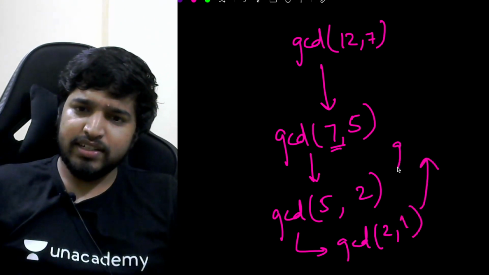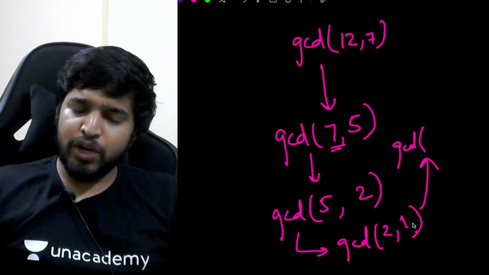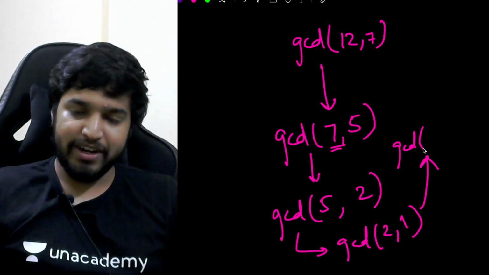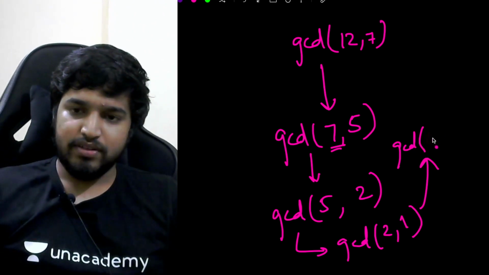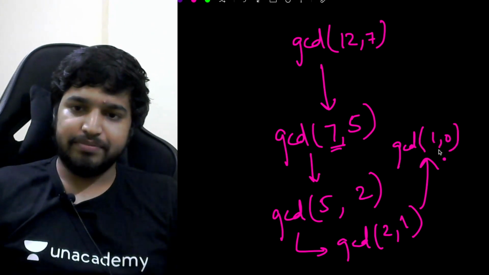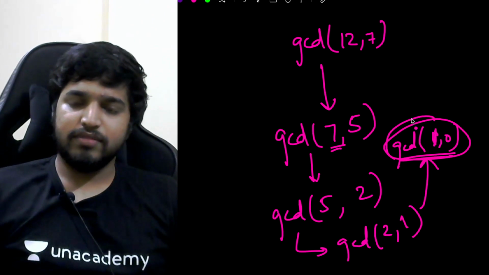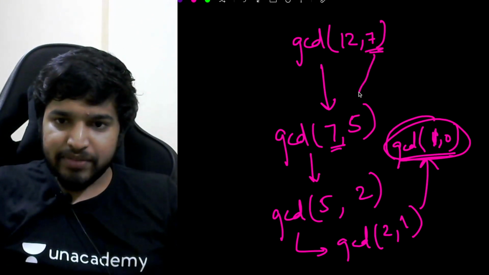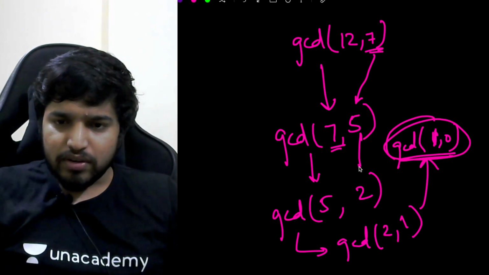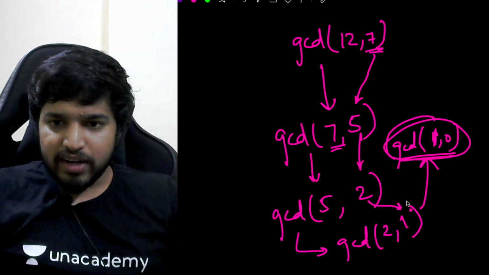This is going to call GCD 1 comma 2 modulo 1, which is 0, since 2 leaves a remainder 0 modulo 1. So that's going to be 1 comma 0, and then we are going to return the value 1. So we can see that 7 is becoming 5, 5 is becoming 2, 2 is becoming 1, and 1 is becoming 0.